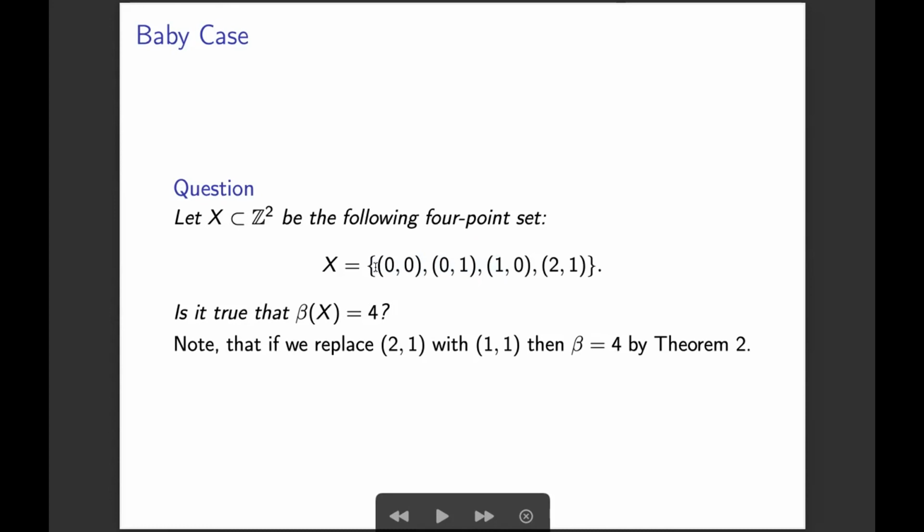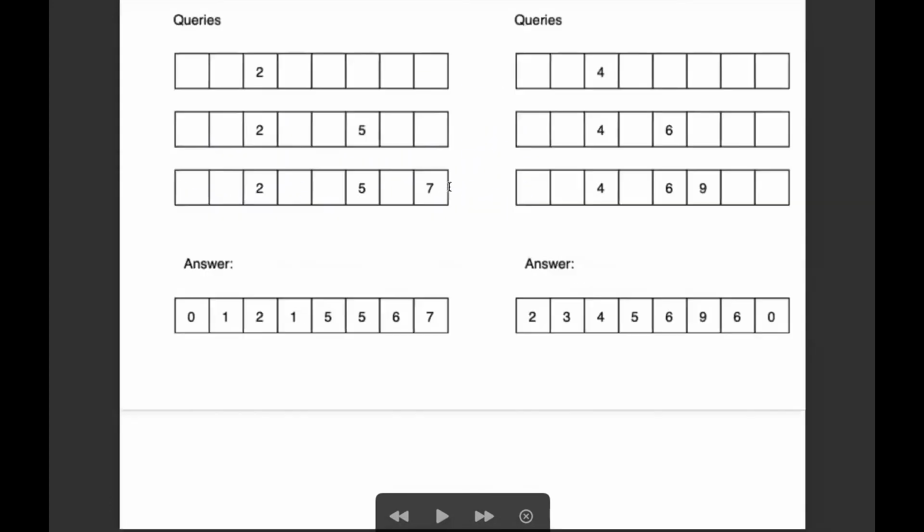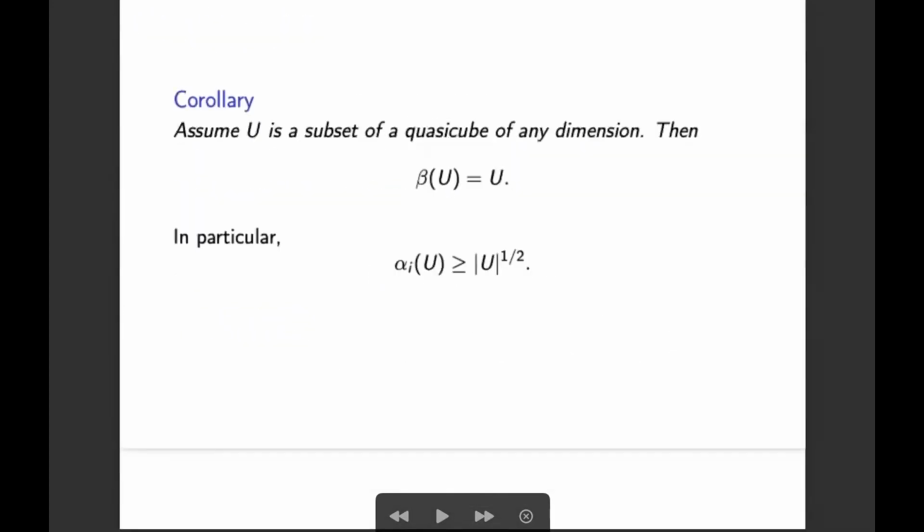So you have a 4-point set. It's just 4 points in general position, because using a linear transformation, you can basically reduce anything to (0,0), (0,1), (1,0), and (2,1). So can you prove that this beta here is equal to 4? And let me just remind what beta is.